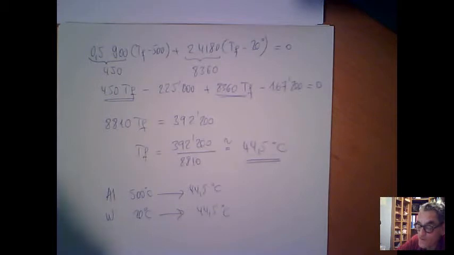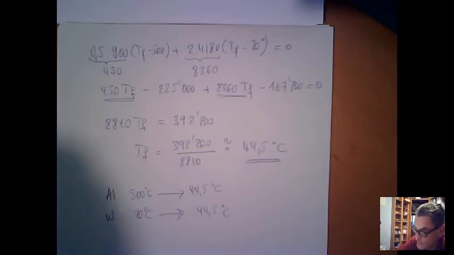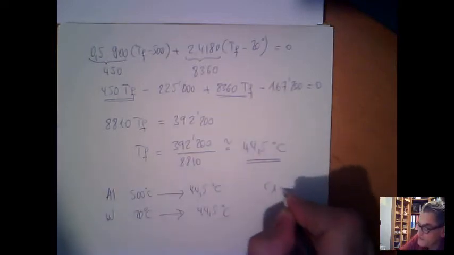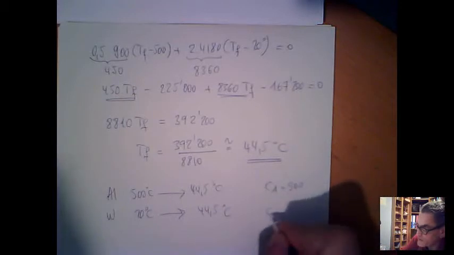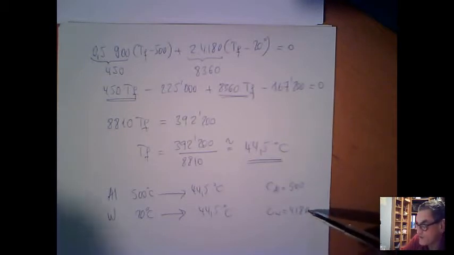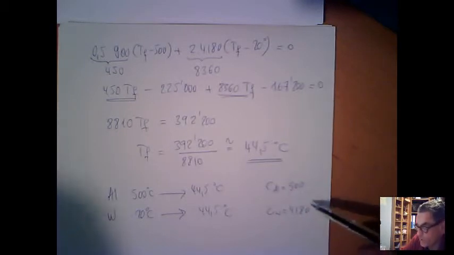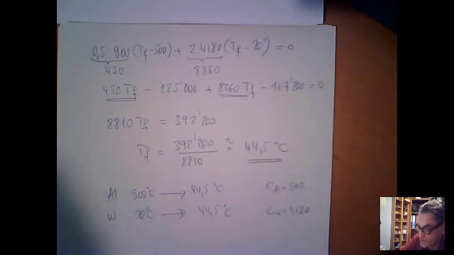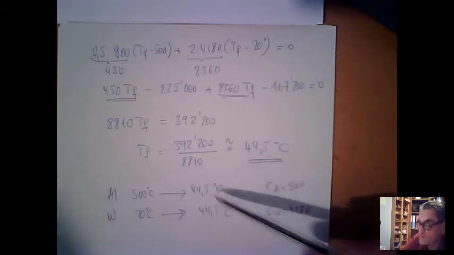There are two reasons for that. One of the reasons is what? Remember the C's. The C of the aluminium is 900. The C of the water is 4,180. So it takes a lot of energy to warm up the water, much more energy than to cool down the aluminium. And then we also have more water than aluminium.